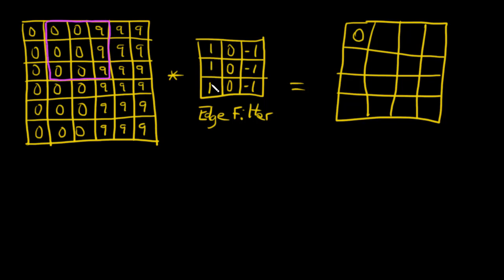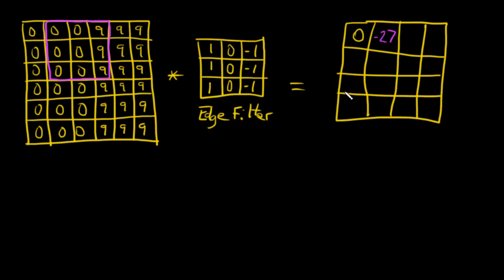I'm going to get zeros when it multiplies by the 1 column, zeros when I multiply by the zeros column, but now I'm going to get 9 times -1 plus 9 times -1 plus 9 times -1. I'm going to get a negative 27 in my 4x4.